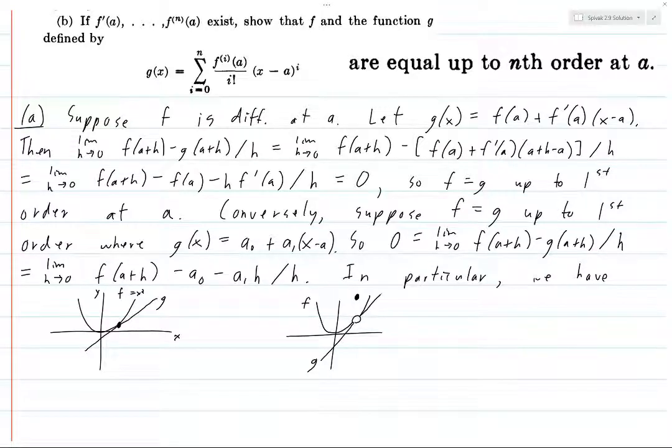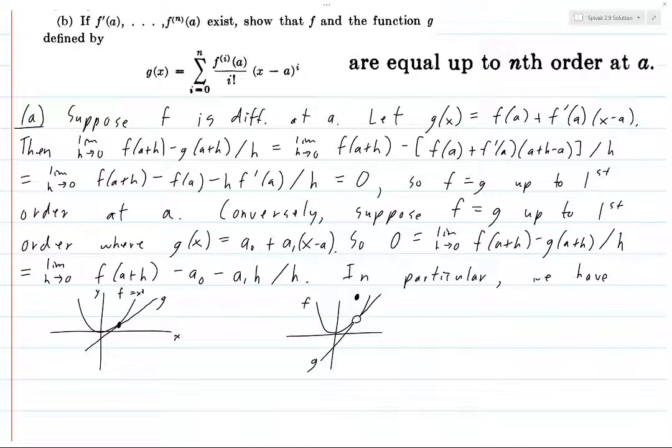However, if we change the value of f at that point, it's still true that f is equal to g up to first order, because when you take the limit as h goes to 0, you're not considering f of a.